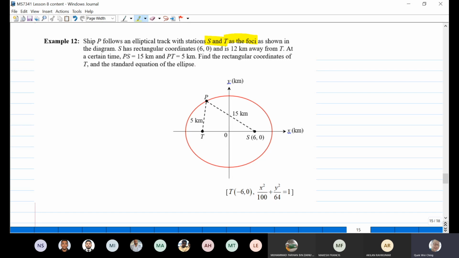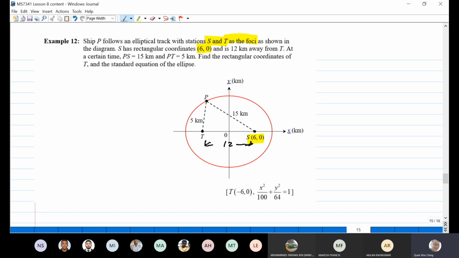S is at (6, 0) and the distance is 12 kilometers away from T. So that means this distance from here to here is 12 kilometers.